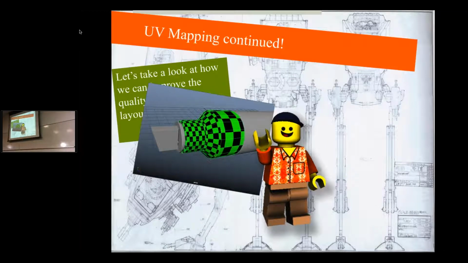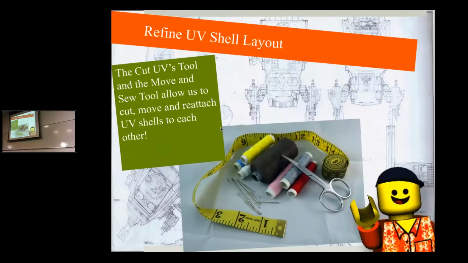All right, so we're going to talk a little bit about my slides and the fact that I'm going to have to re-edit them all because this version has moved all my stuff around. But we're going to take a look at improving our UV layout on our geometry because we've learned how to create shells and we've learned how to apply a checker pattern to it. Now let's make it look better.